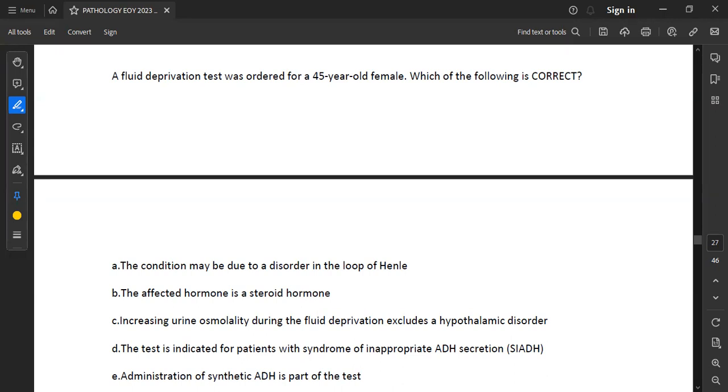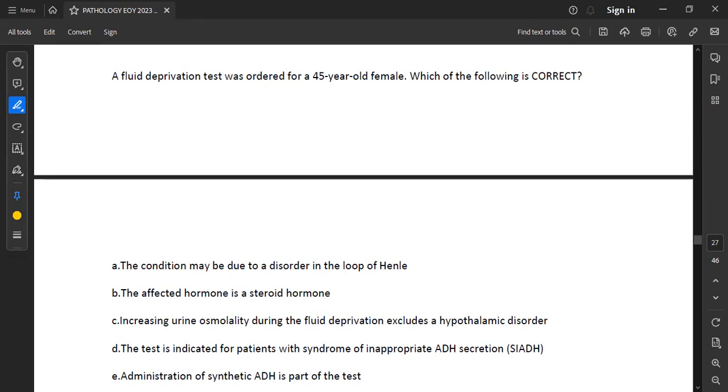Which of the following is correct? What do you guys think? E. Yeah, it's E. So let's go through everything.